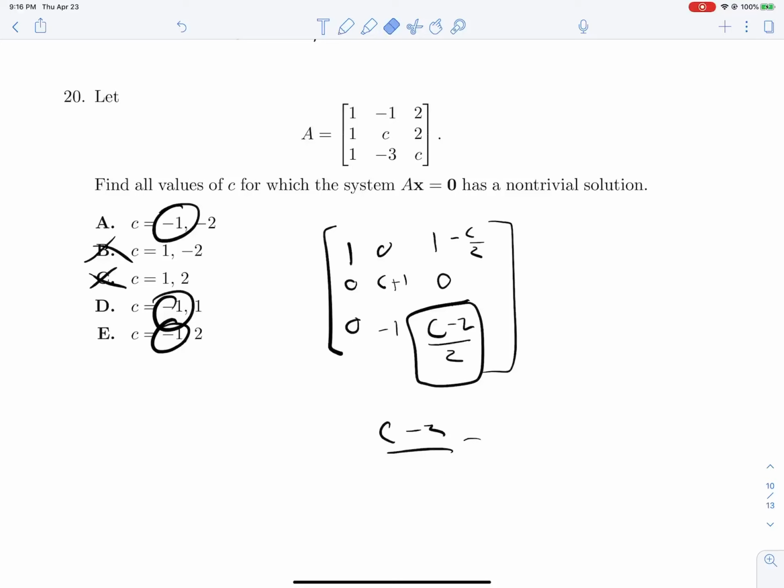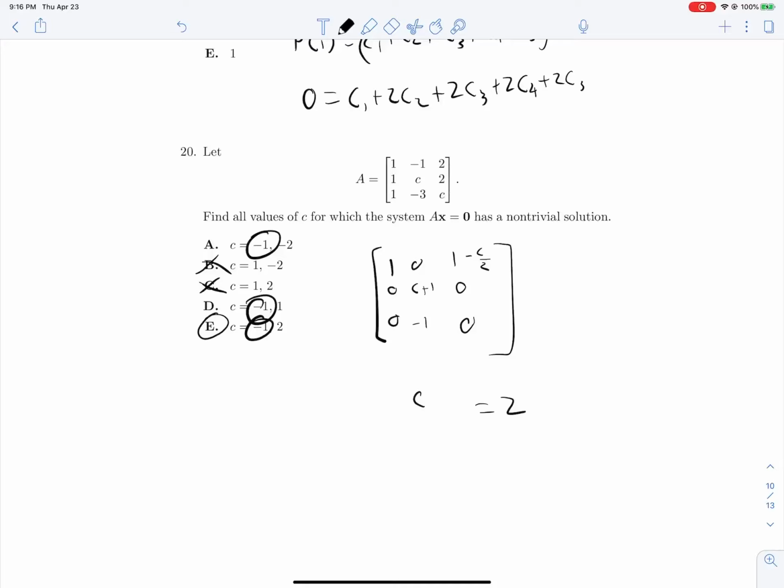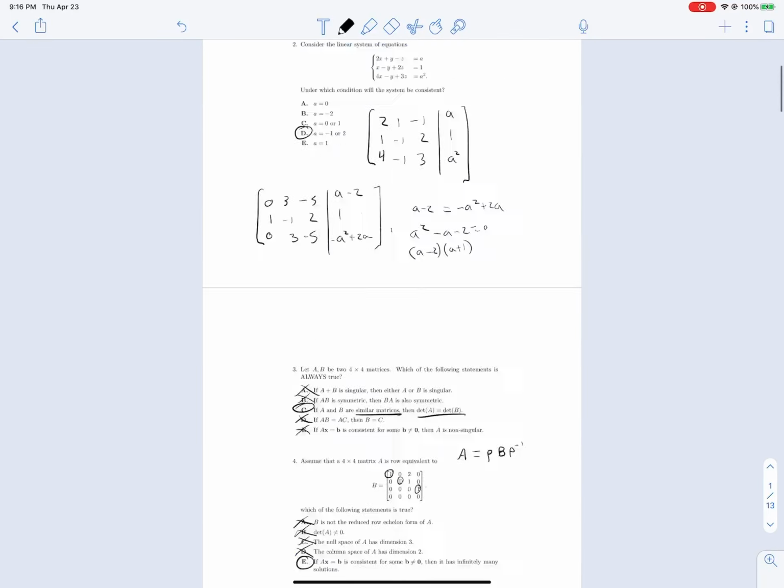Solving this, we get 0, and C is equal to 2 there. So there we go. Yeah, if this is equal to 0, I'll just show you, no matter what C is, there is some multiple of -1 that we can use to set that position equal to 0. Thus, we'll only have 2, what do they call it, pivot positions. So E is our answer for 20.